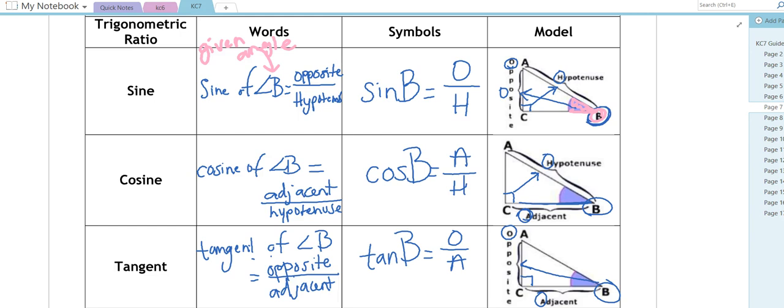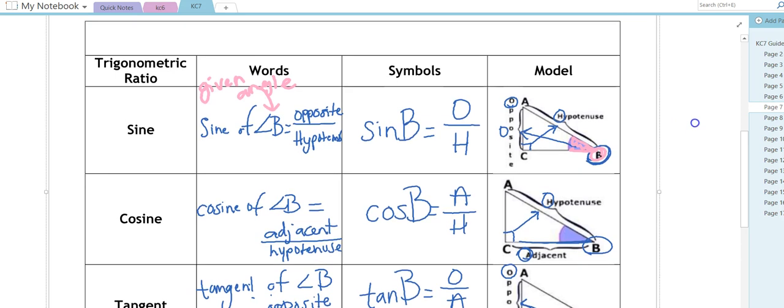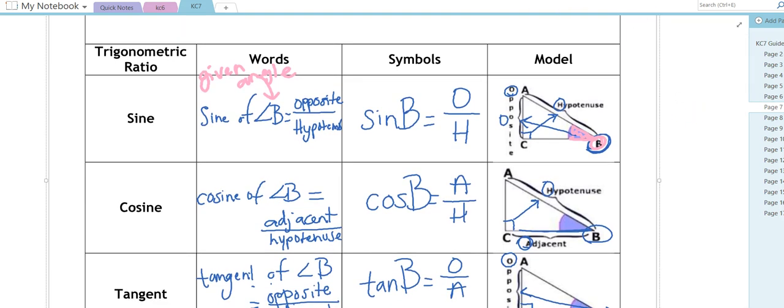Okay, so an acronym that we use to help us out in solving these is SOHCAHTOA. SOHCAHTOA comes from looking at all these abbreviations, all these symbols. I'm looking at basically this column right here, because sine is O over H, right?